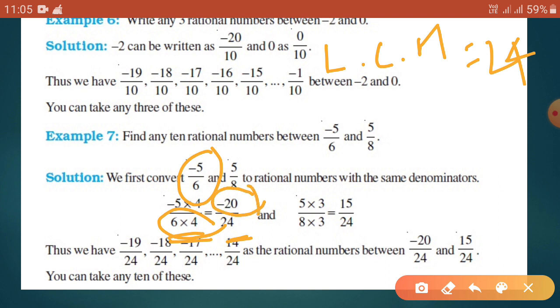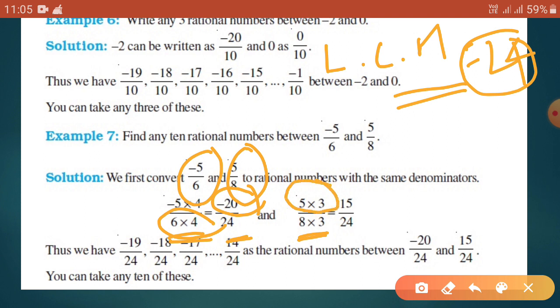Okay, again for 5 by 8 we have to make the denominator equal to the LCM. So the denominator is 8, we have to make it 24, so we multiply it by 3. As we multiplied the denominator by 3, we also have to multiply the numerator by 3. So the result gives us 15 by 24.